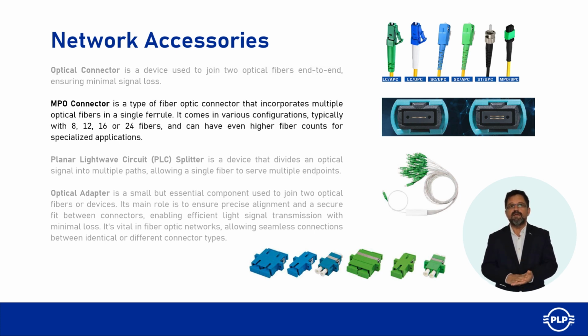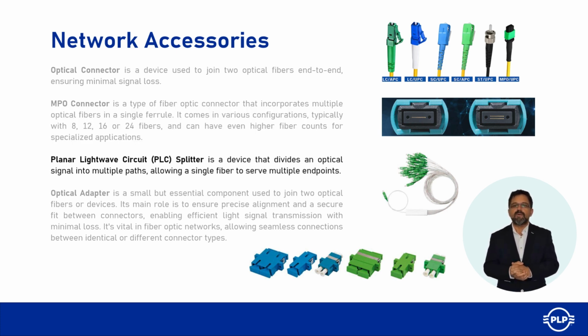An MPO connector is primarily used in data centers, where it consolidates multiple fibers into a single compact interface. It supports parallel optics applications, which transmit and receive signals over multiple fibers simultaneously to achieve higher transmission speeds.